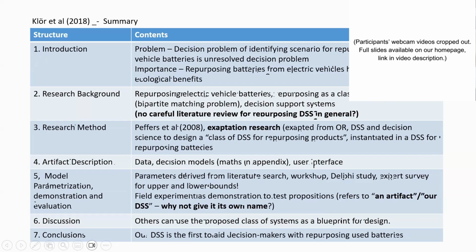See, they just say it's the first for repurposing used batteries. But that's just like the artifact. If you want to go up to a bit more general, what's it actually adding to knowledge apart from that? Is it showing you something that could be used in other repurposing problems? The fact maybe nobody else has used this bipartite matching technique.